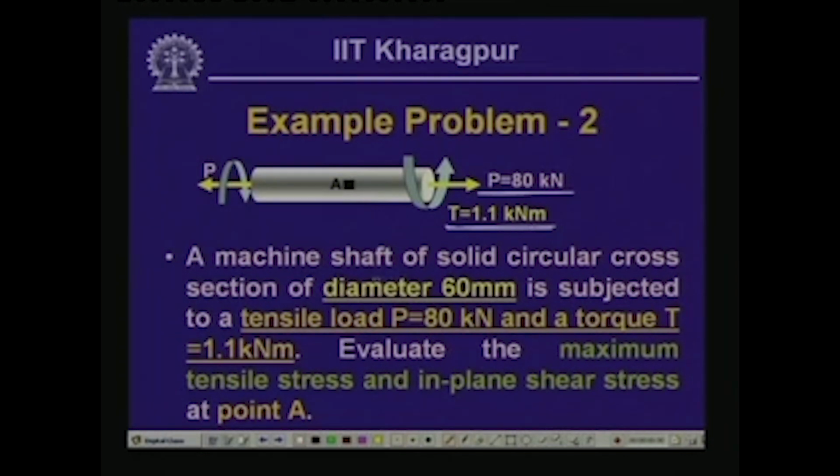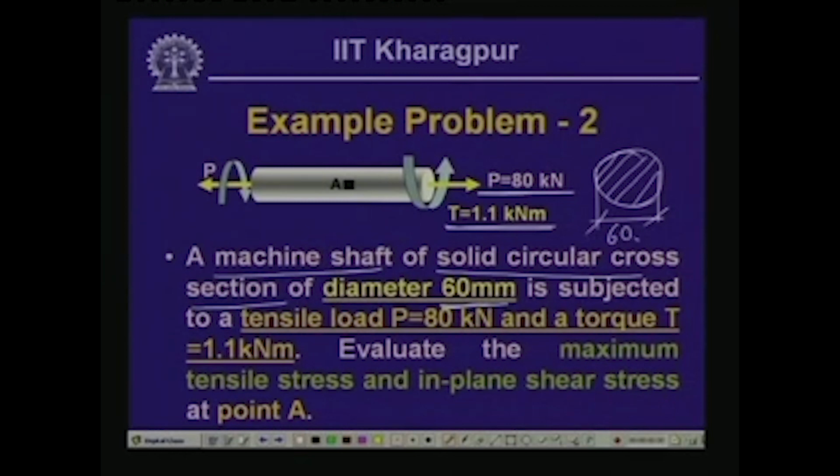So, this particular machine shaft is of solid circular cross section of diameter 60 millimeter. Now, this is subjected to a tensile pull of 80 kilonewton and a twisting moment T equal to 1.1 kilonewton meter.